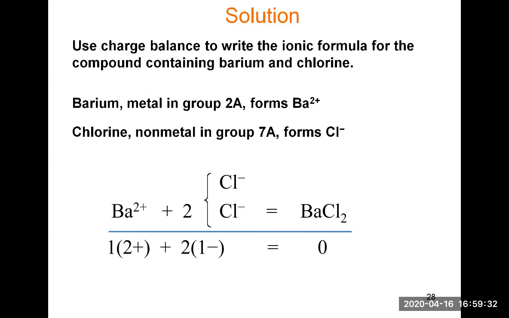So 2 times 1 negative charge is 2 negative charges in total. So the 2 positive charges from barium are cancelled by the 2 negative charges from the 2 chlorines. And this is a neutral formula. So BaCl2 is the correct formula for barium chloride.